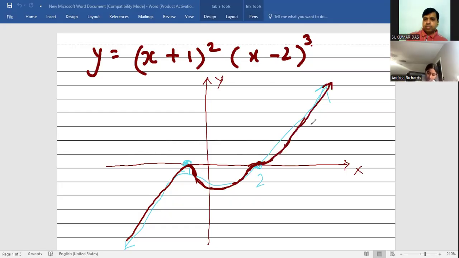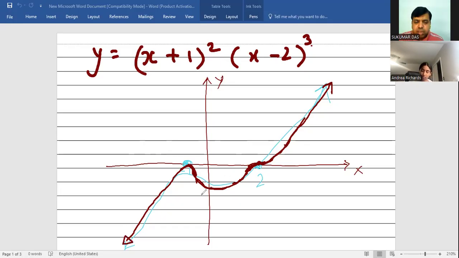Understood now? Because that point of intersection will become flat while crossing x is equal to 2. So we cannot draw a straight line passing like this. That would be our answer had it been x minus 2 multiplicity 1. But now it is multiplicity 3. So it will become a little bit flatter. Is it okay?